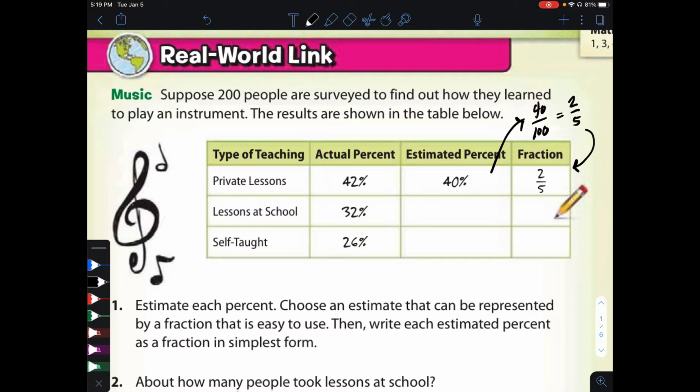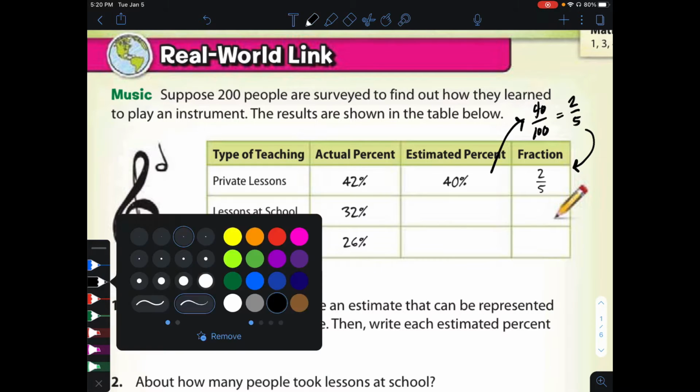And let's take a look at lessons at school. We know that the actual percent is 32%. So if you want to estimate 32%, we know that 32% is closer to 30%. So we can write this as 30%.